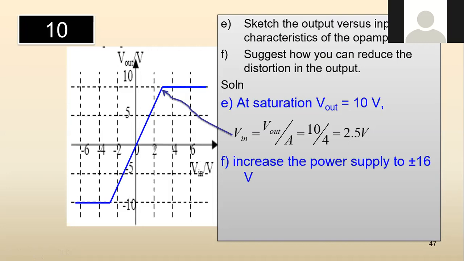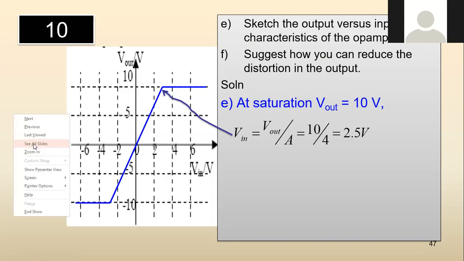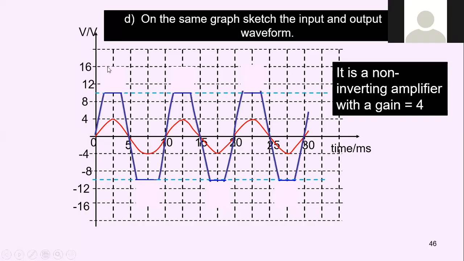Suggest how you could reduce the distortion. How can you remove the distortion? It cut off. Remember that the output should reach 16. So if we want 16 there, we must increase the power supply to 16 or 17, then we can see the waveform.